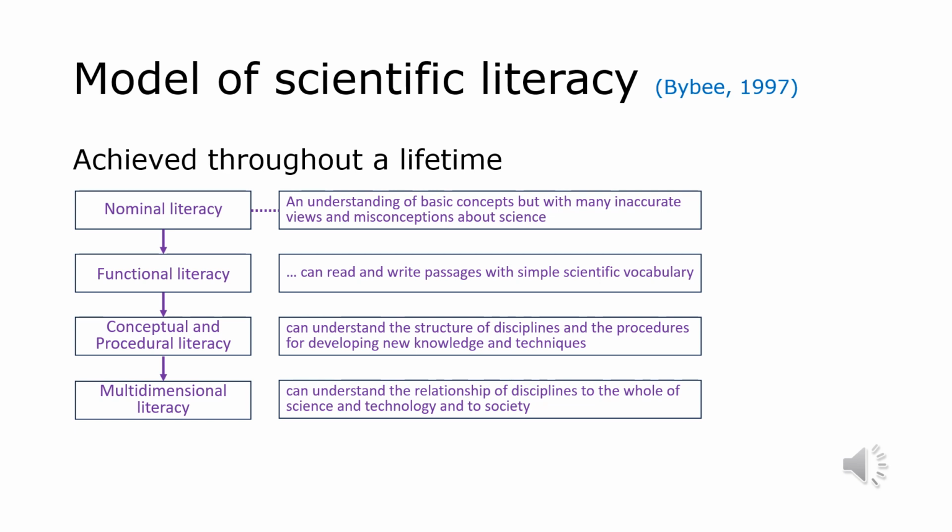And then functional literacy, they can read and write passages with simple scientific vocabulary. Then conceptual and procedural literacy, they can understand the structure of the discipline and the procedures for developing new knowledge and techniques. And then multidimensional literacy, they can understand the relationship of the discipline to the whole of science and technology and to society.